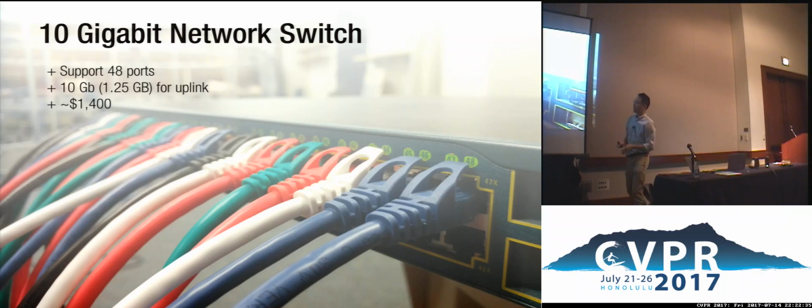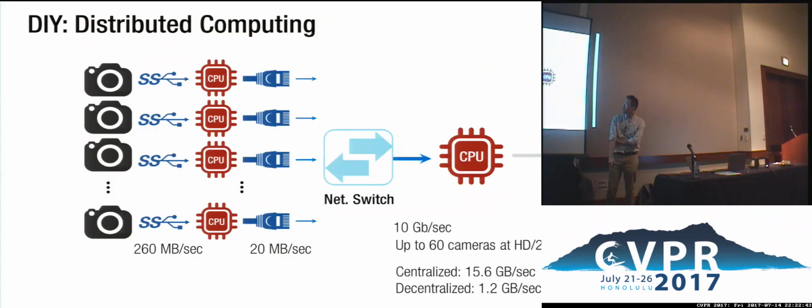And this is a realization of the 10 gigabit network switch with 48 ports. Compared to the previous centralized system, which produced about 15 gigabytes per second, our system produced about 1.2 gigabytes per second, by adding this small computational unit just in front of the cameras.